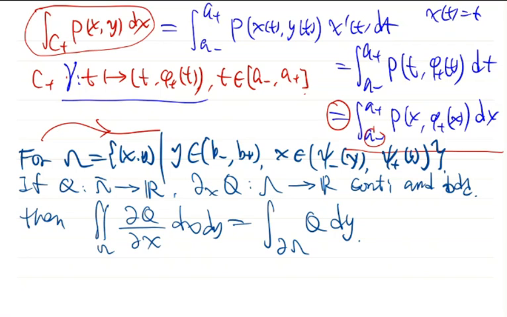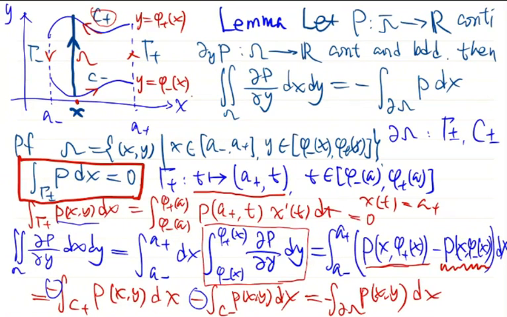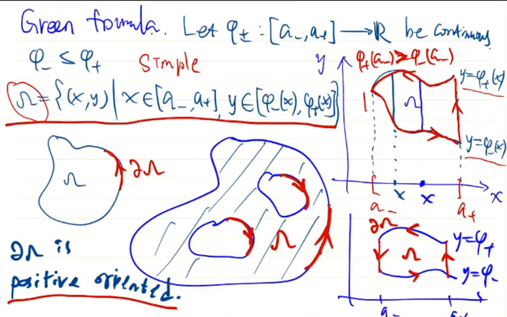Now combine these two lemmas together, we have the following important theorem. That is the Green theorem. So suppose omega has both forms. These two forms may be called 1 and 2. 1 is the form given here.